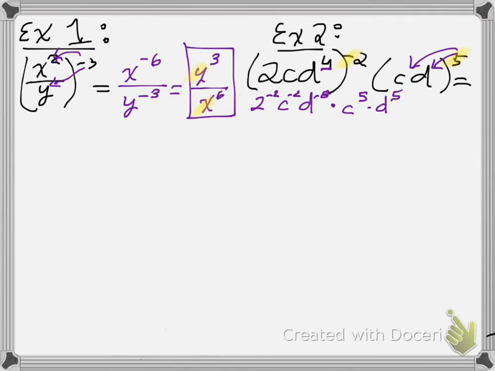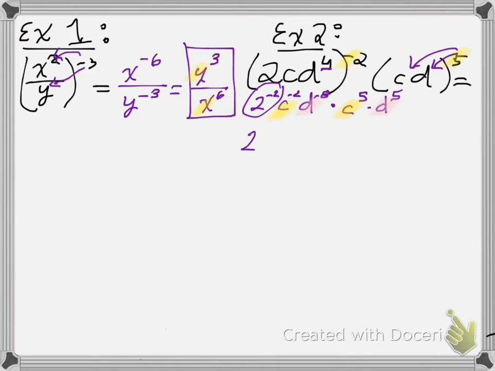Okay, now I do have multiple of the same bases, because there's a c here and a c here, and then there's a d and a d. So when you have same bases being multiplied, you add their exponents. That's one of our rules. First of all, I'm going to take the number right in front, 2 to the negative 2.